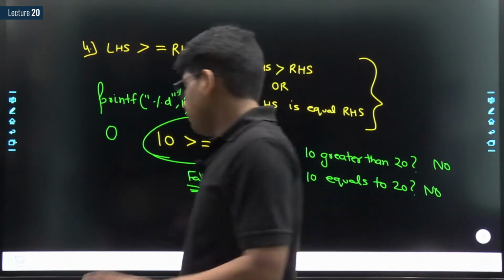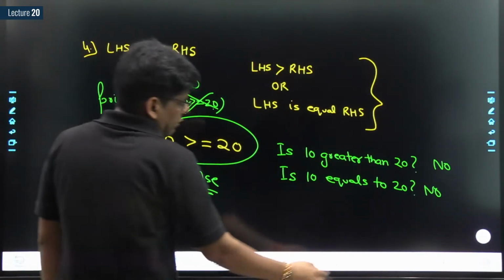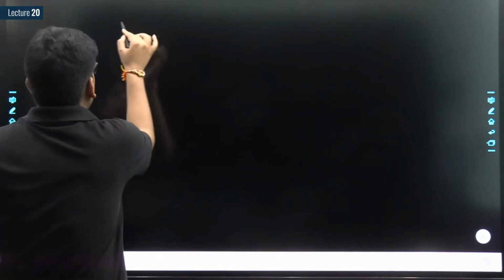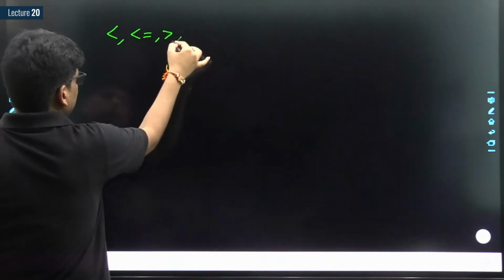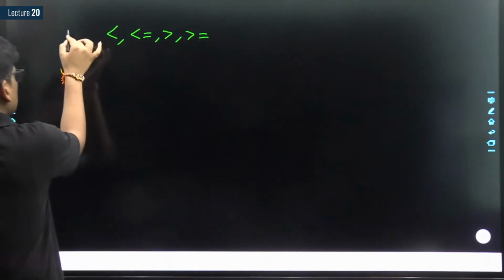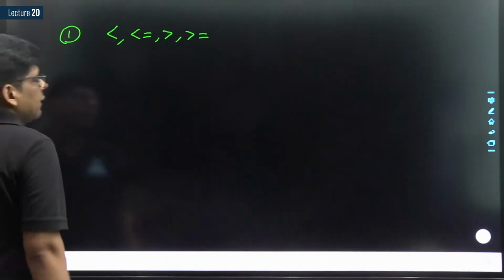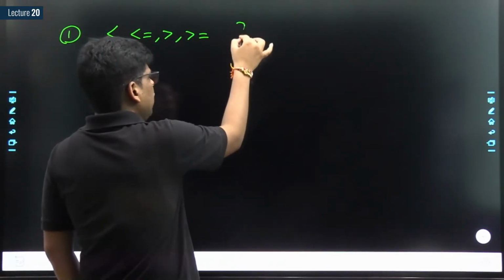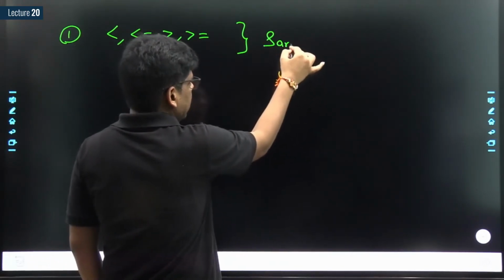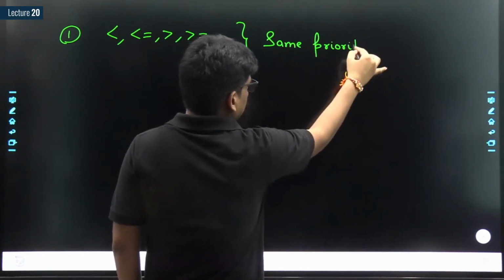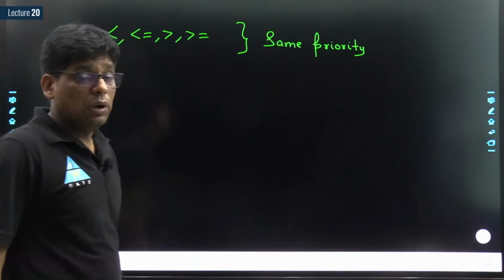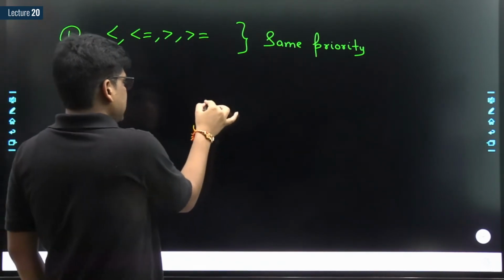Sir, we have studied 4 relational operators: less than, less than equals to, greater than, greater than equals to. Okay, sir, all of them have the same priority. Sir, what if I have an expression like this?